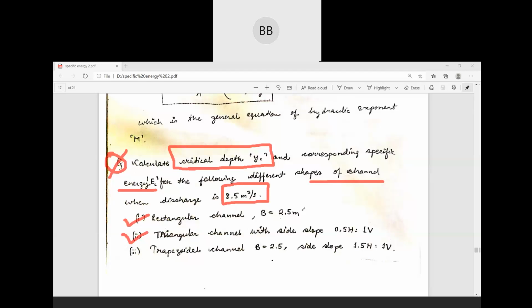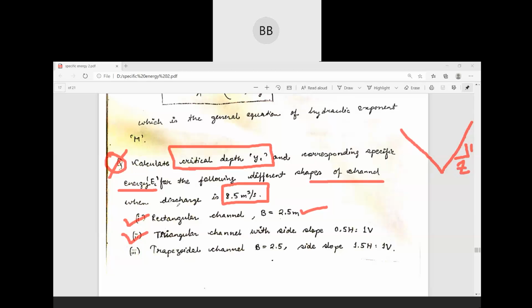For the rectangular channel, the width of the channel is given, 2.5 meter. For triangular channel, I think we all know that we don't have any width of the channel. So the side slope is given, one vertical to Z horizontal, the side slope of the triangular channel.